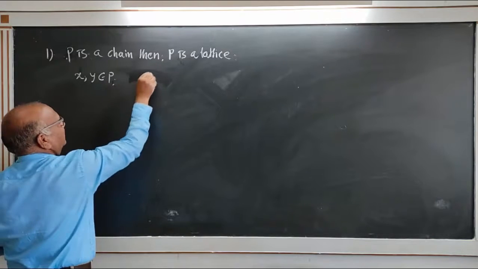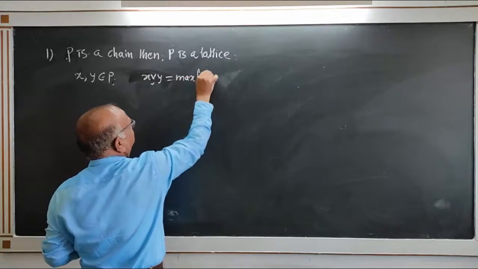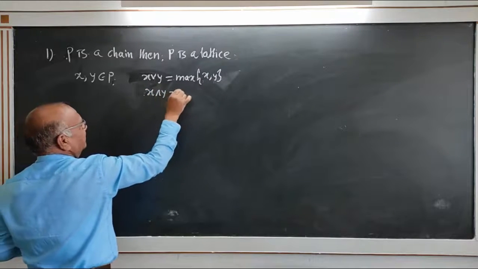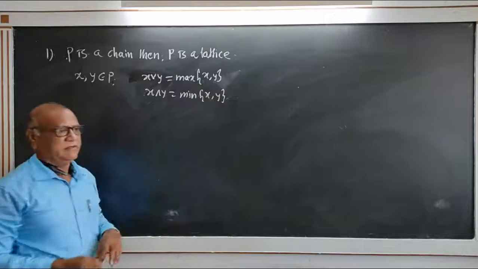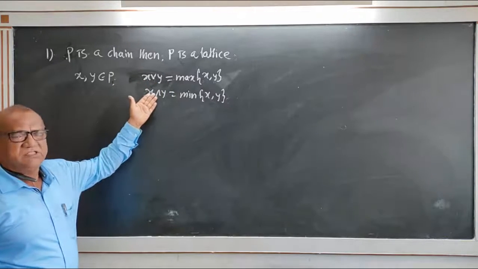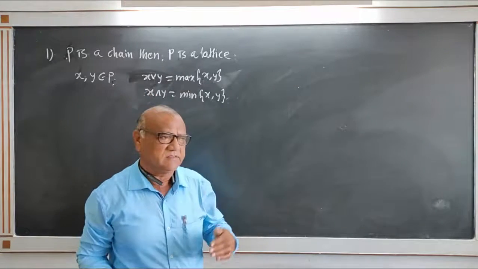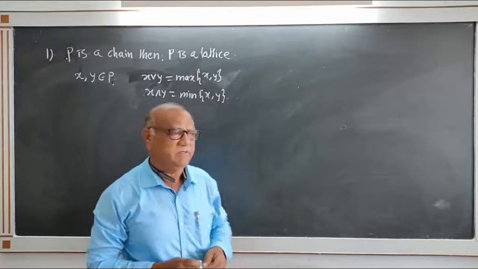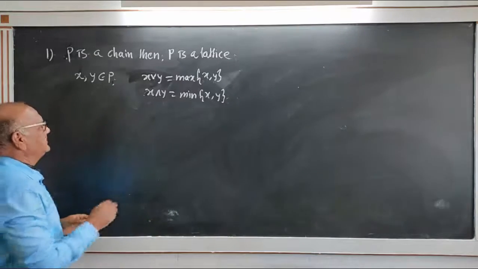Then x join y is equal to the maximum of x and y, and x meet y is equal to the minimum of x and y. That means every pair has a meet and join in a chain, because every pair is comparable: x is related to y or y is related to x, so x meet y and x join y exist. And so every chain is a lattice.